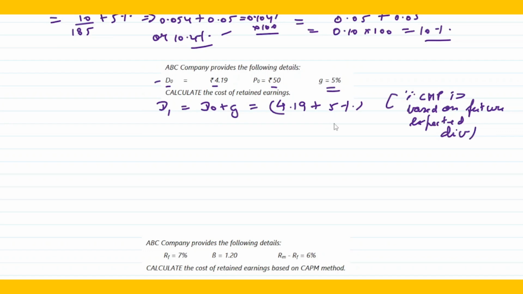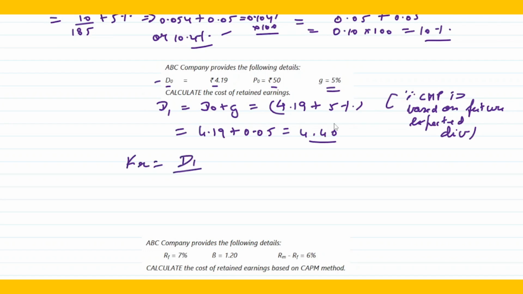Hence, you assume it to be D1 and not D0. So simply 4.19 plus 0.05, the value will come out to be 4.40 approximately.